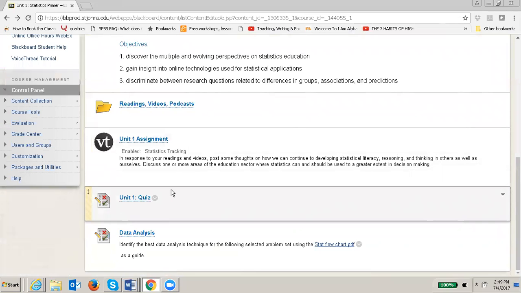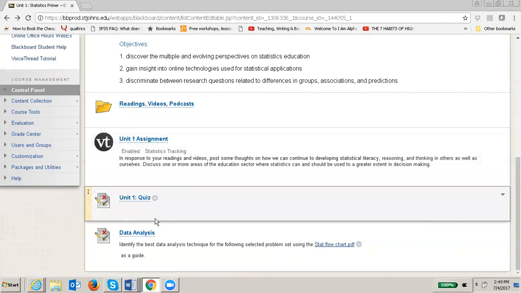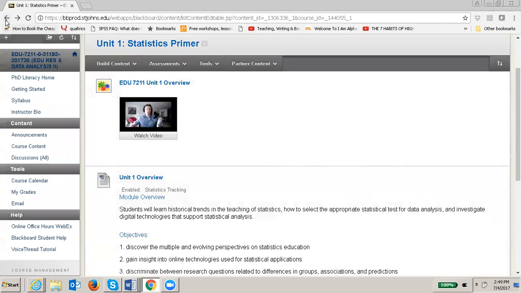So this will basically be your opportunity to demonstrate that you've learned the information, watched the videos, and now are able to apply those concepts within educational research. So that's going to be a large component of this class.